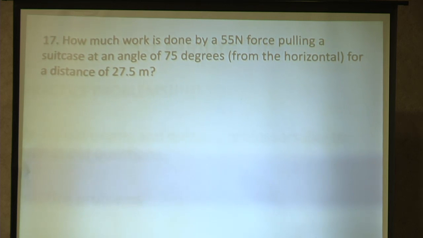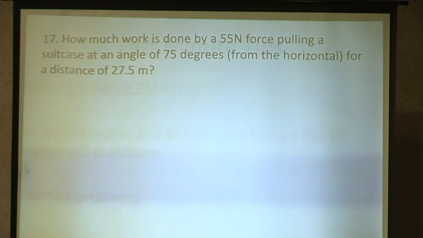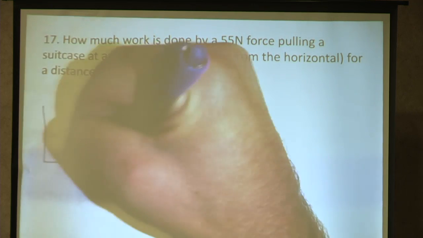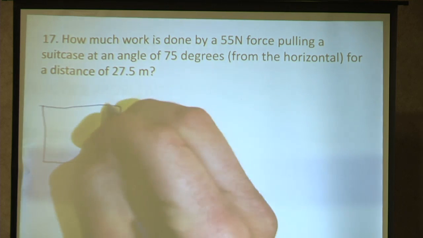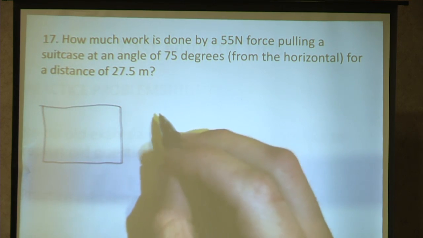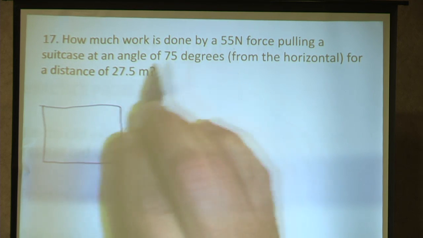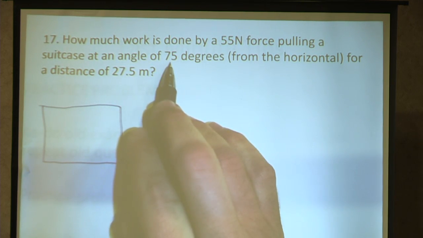All right. How much work is done by a 55 Newton force pulling a suitcase at an angle of 75 degrees from the horizontal for a distance of 27.5 meters? It's a lot of stuff, so let's just draw it out. So that's my suitcase. So a 55 Newton force pulling at an angle of 75 degrees from the horizontal.